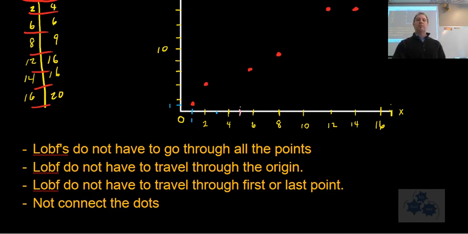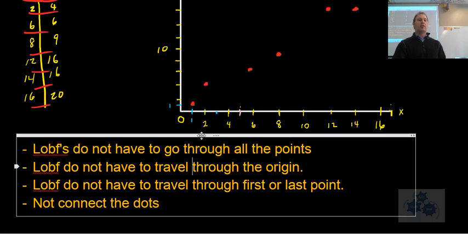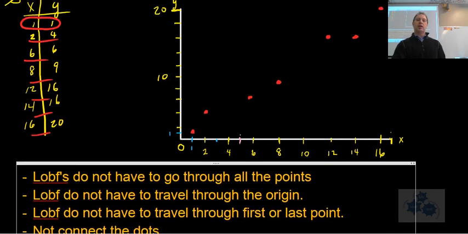So many times students start at 0, 0, and they try and make a straight line from there. That's not necessarily true. And they don't have to go from the first point to the last point either. That's very important. You do not just simply connect the first point and the last point. Now, it may turn out that the first point and the last point may be on the line, but it is not necessary. You understand?